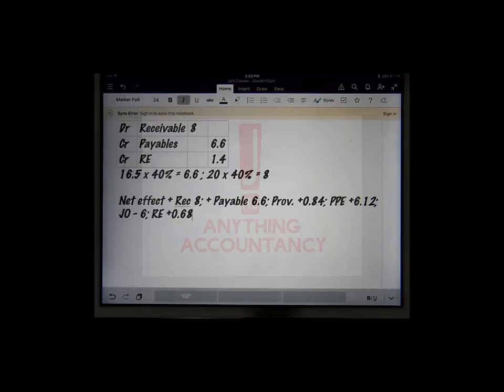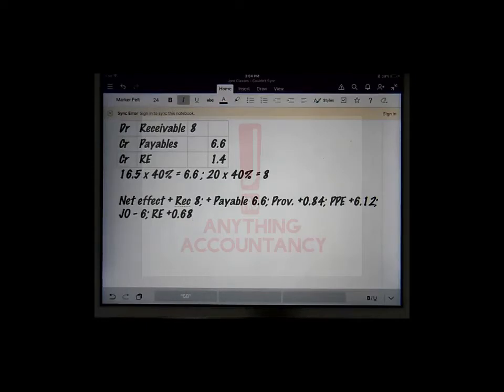That means that this joint operation activity is not taken into account at all. Nothing is taken into account. Any questions there?